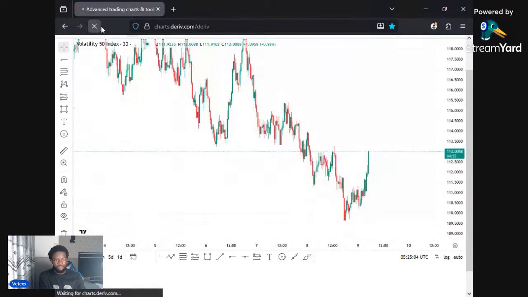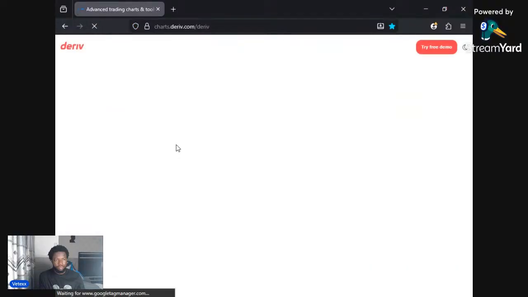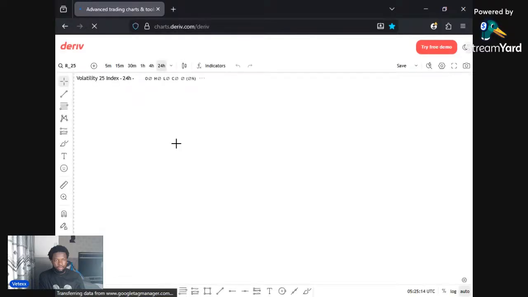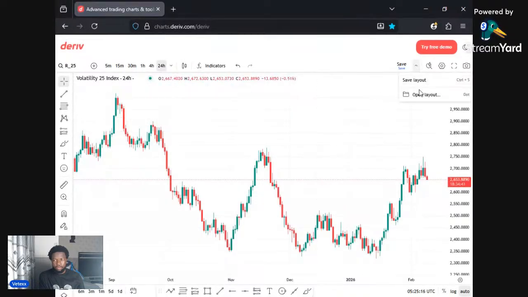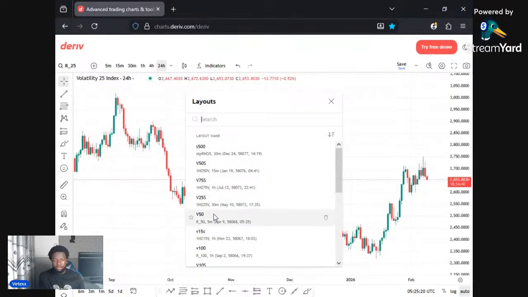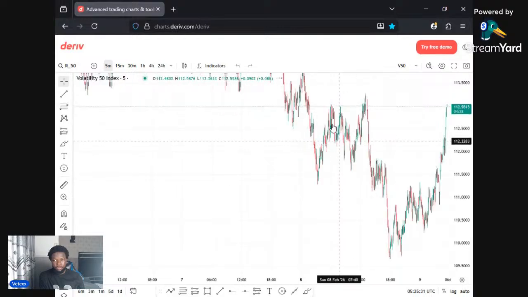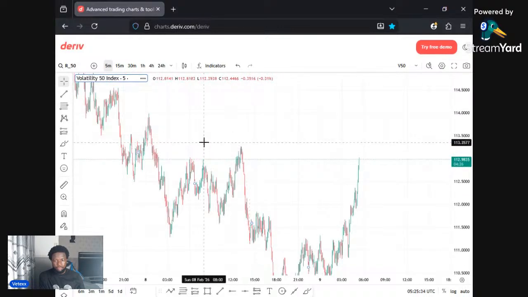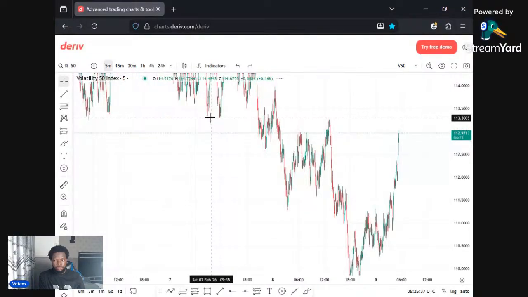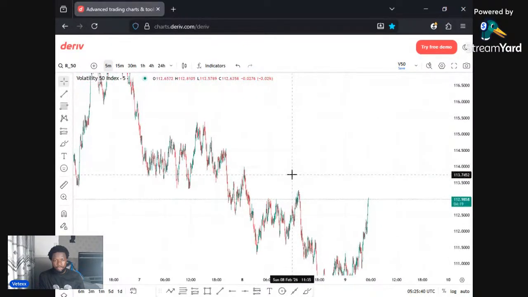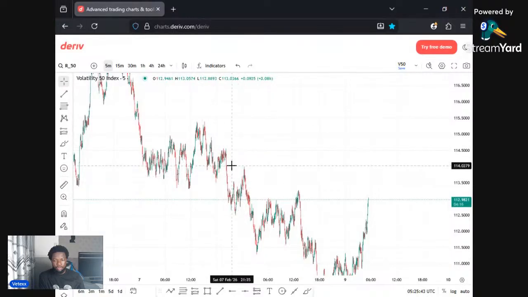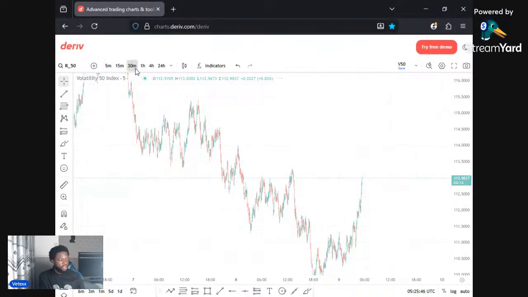Let me refresh the page. So currently this is what we have. Price has already oversold and then it's trying to retest. So what do we do now?